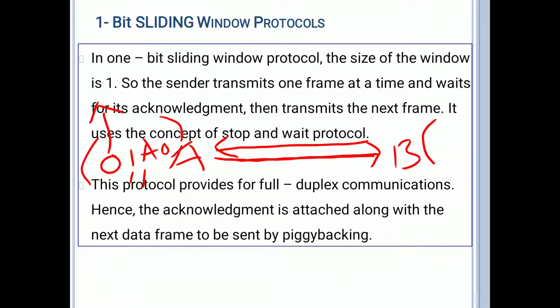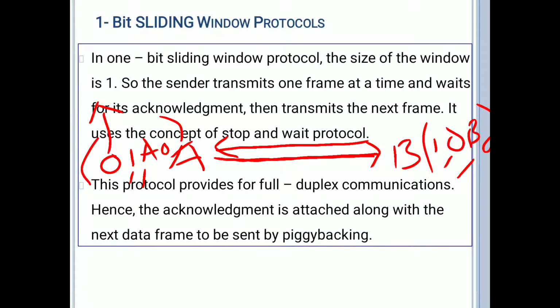Here A is requesting for 1, so B will send 1 as the sequence number, 0 as the acknowledgement, meaning requesting for packet 0 next, and the data is B naught.